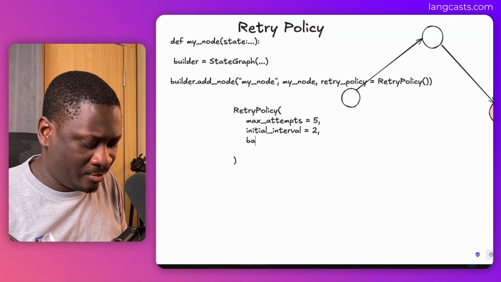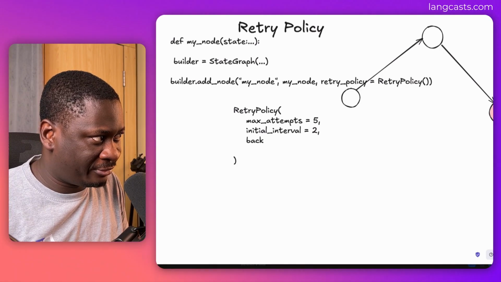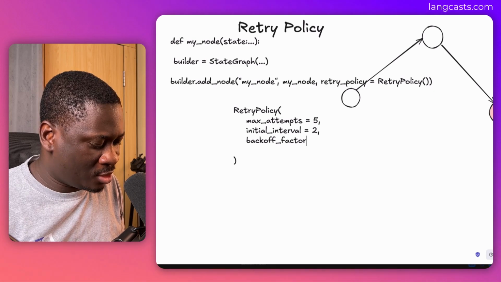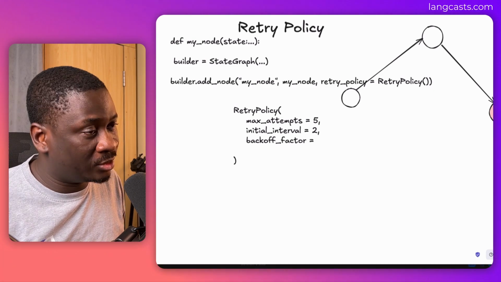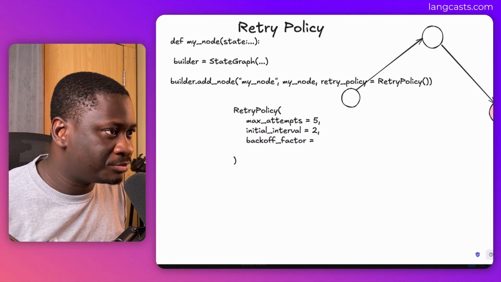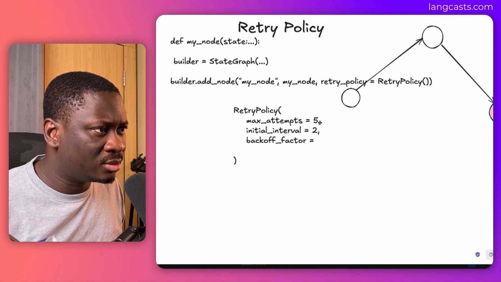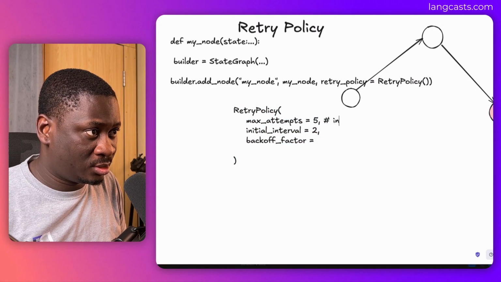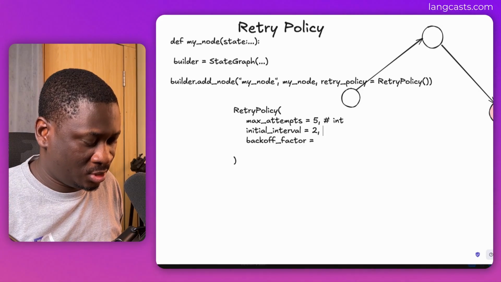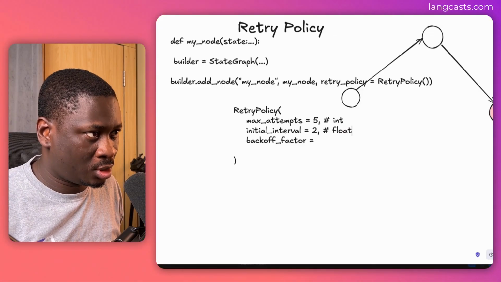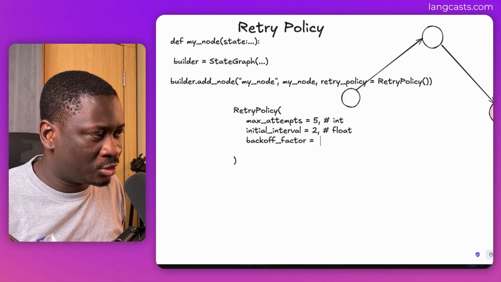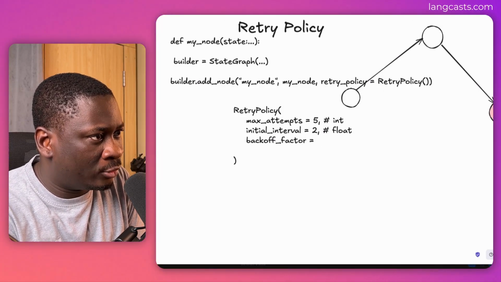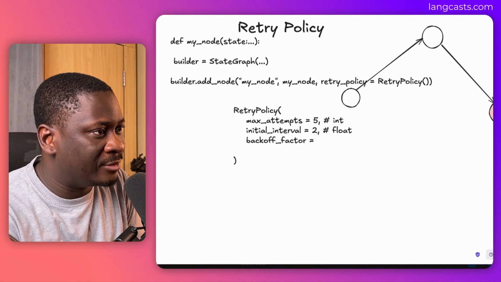You can also set something called a back-off factor. Now your back-off factor is of the type float. By the way, initial interval is also of the type float. So max attempt is int, and these are float. The back-off factor is a multiplier for the interval timing.